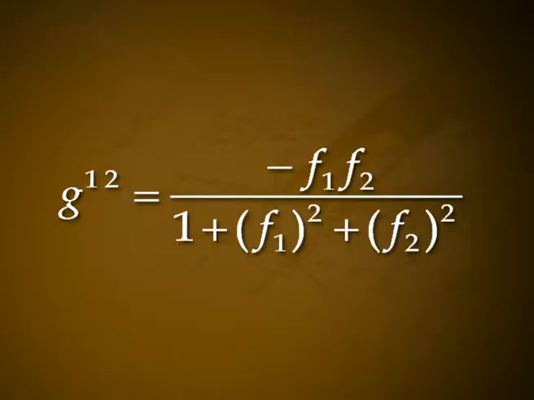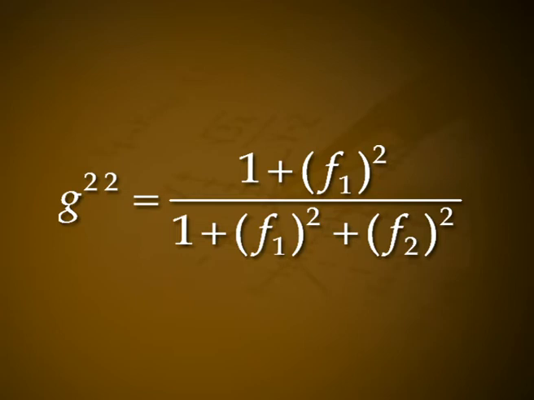Alternatively, we could compute gamma 112 intrinsically by using equation 8. G12 is equal to minus f1 f2 by 1 plus f1 square plus f2 square, and G22 is equal to 1 plus f1 square by 1 plus f1 square plus f2 square.